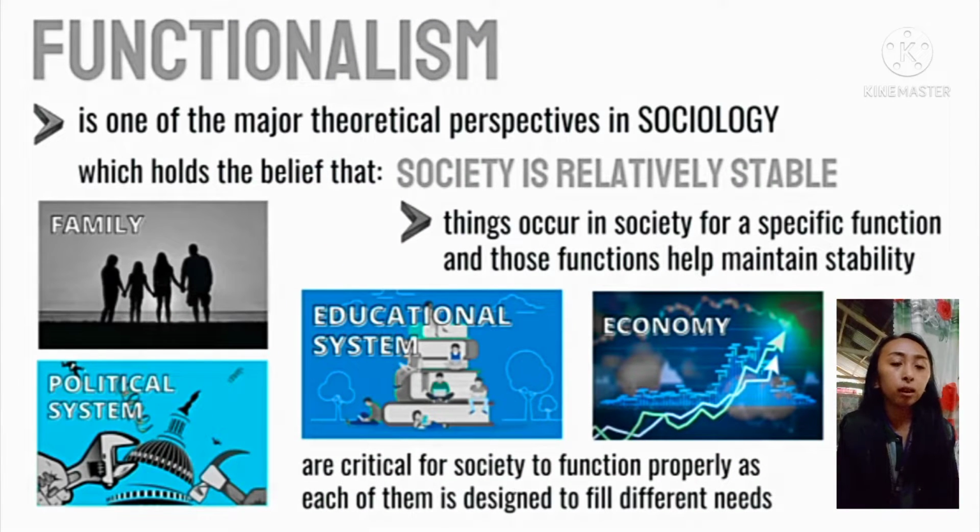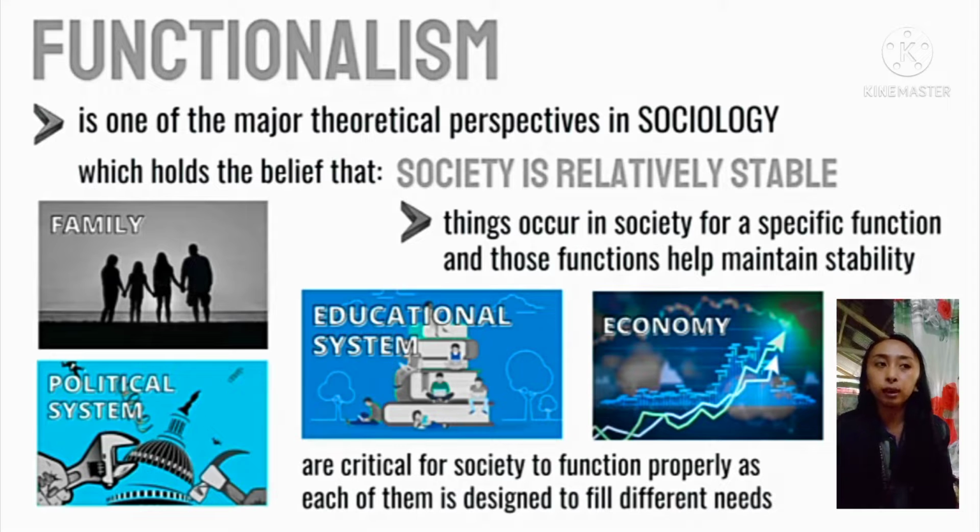Before we proceed, let us first answer the question that runs in our mind. What is functionalism? Functionalism is one of the major theoretical perspectives in sociology which holds the belief that society is relatively stable.